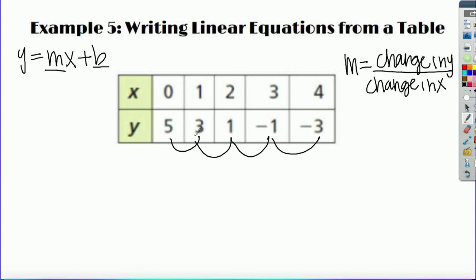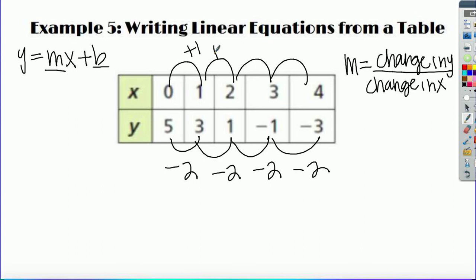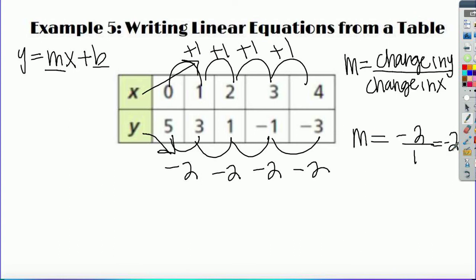We would say from 5 to 3 it went down 2, 3 to 1 it went down 2, 1 to -1 it went down 2, -1 to -3 it went down 2. On x it went up 1 every time. And so our slope is found from change in y divided by change in x, so it would be -2 over 1, which is -2.